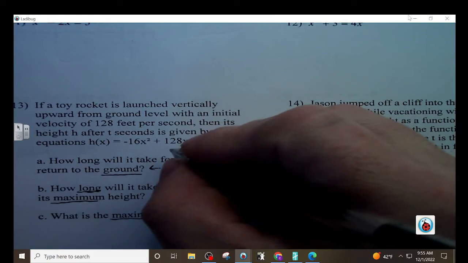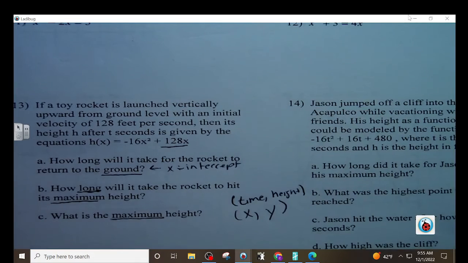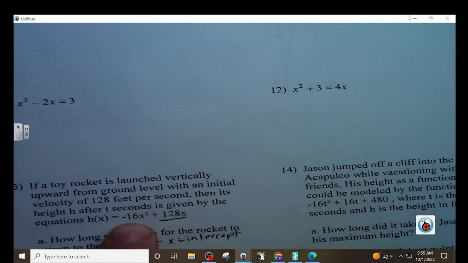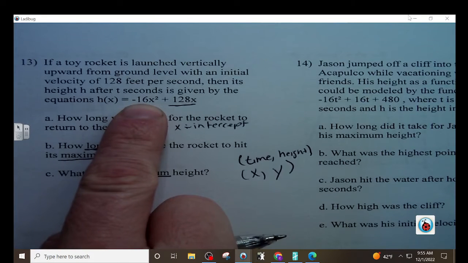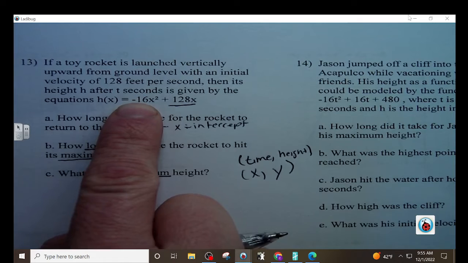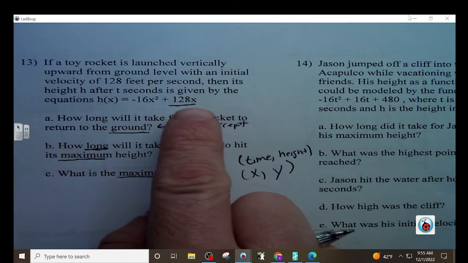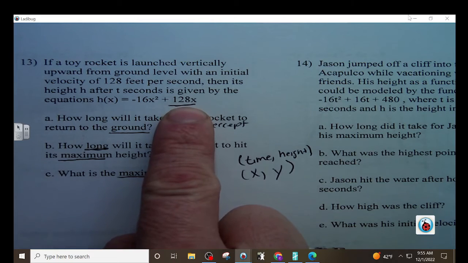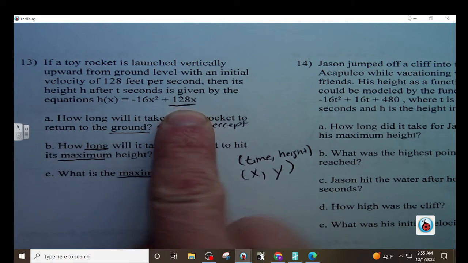Y'all saying 128. Now, guys, remember, in this right here, this is your gravity constant. Guys, it's not going to ask you anything about that. Okay, it's your gravity constant. All right? Is it not 170? Because it's per second. This is your velocity, right? This is how fast it's going. So your linear term is how fast it's going.